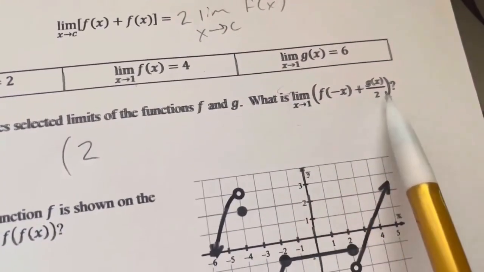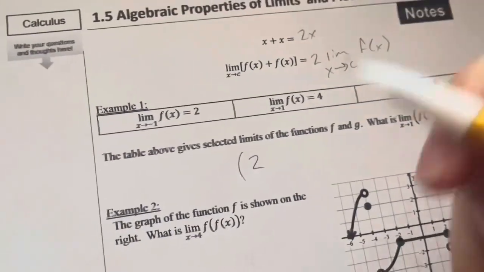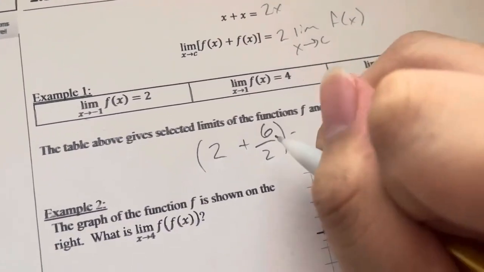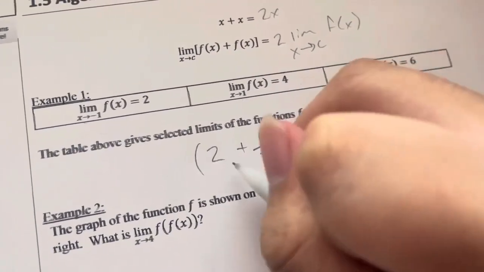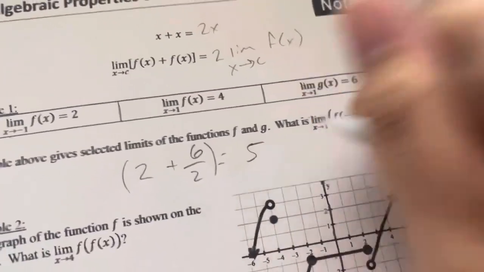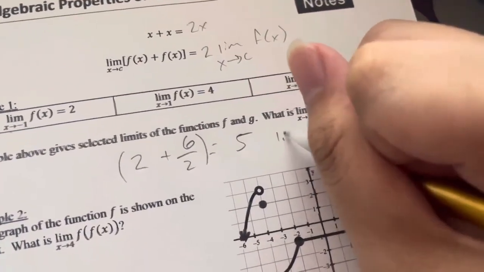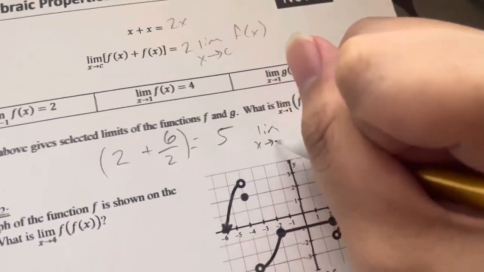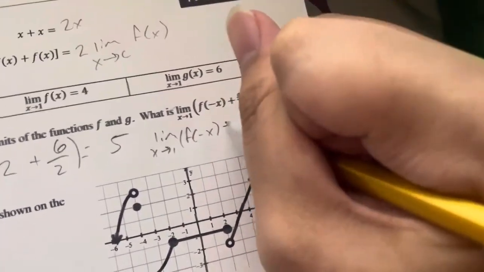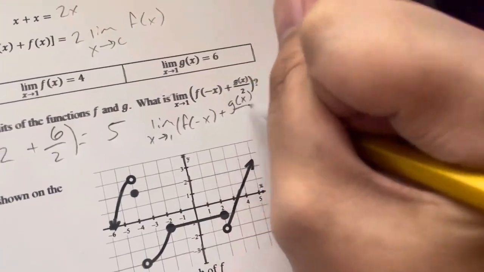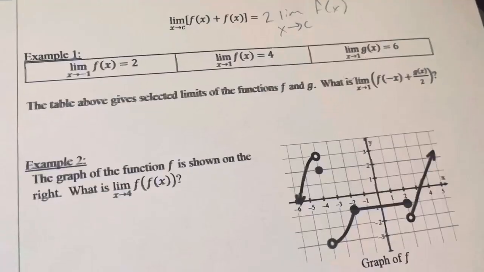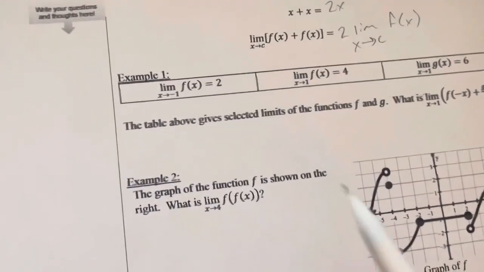As x approaches 1, g of x is 6, so we do plus 6 over 2. This simplifies to 3. So 2 plus 3 equals 5. So the limit as x approaches 1 of f of negative x plus g of x over 2 equals 5.